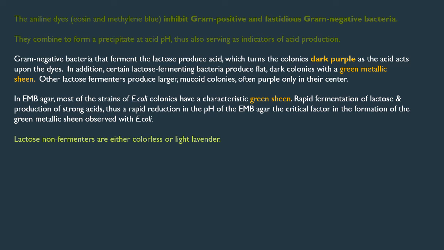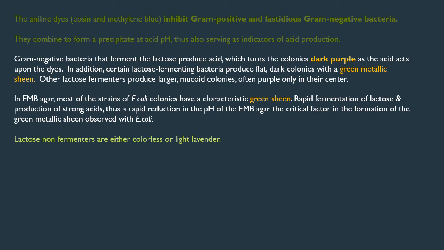Then gram-negative bacteria that ferment the lactose produce acid, which gives the colonies the dark purple color as the acid acts upon the dyes. In addition, certain lactose fermenting bacteria produce flat dark colonies with a green metallic sheen, for example E. coli.